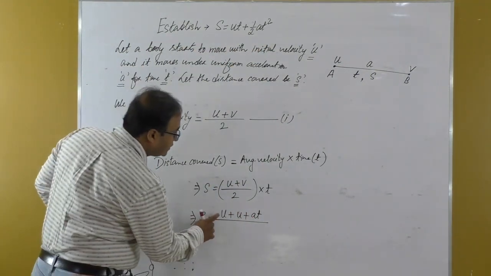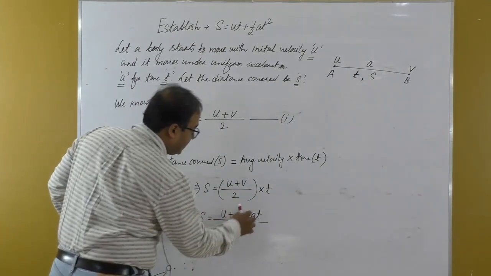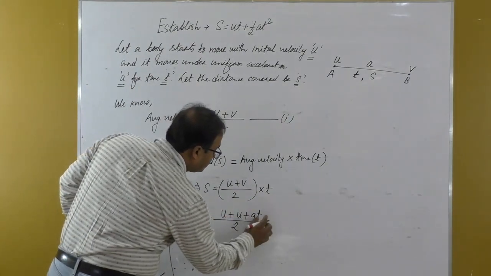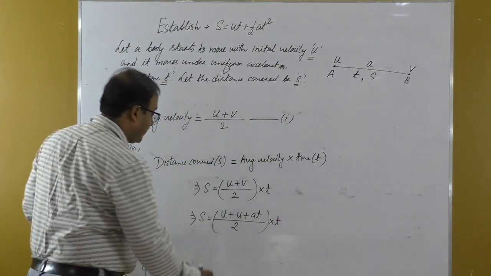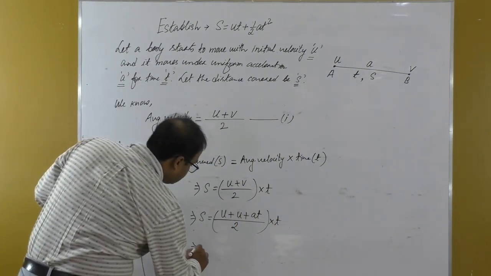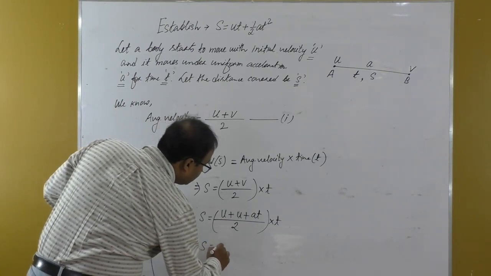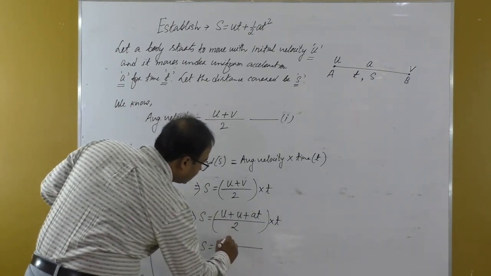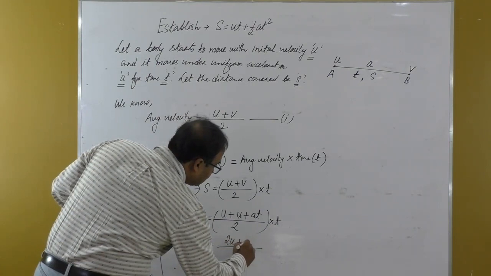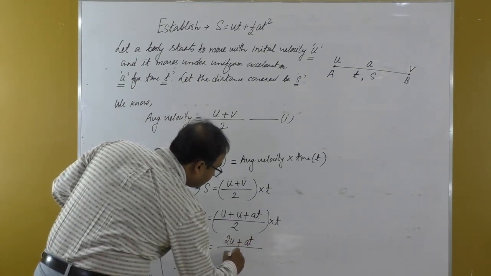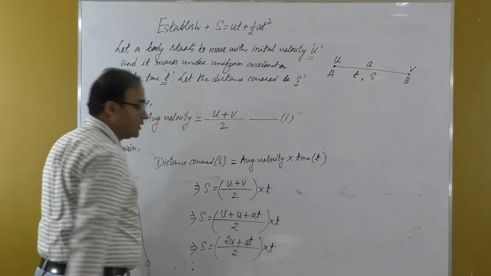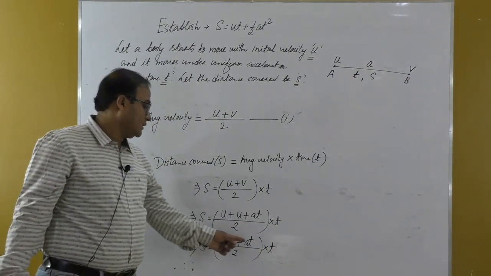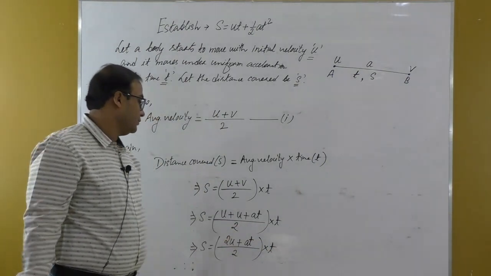So s equals u plus at by 2 into t we can write. Now in the next part, s equals u plus u, we can write 2u plus at by 2 into t. Okay, so 2u plus at by 2 into t.